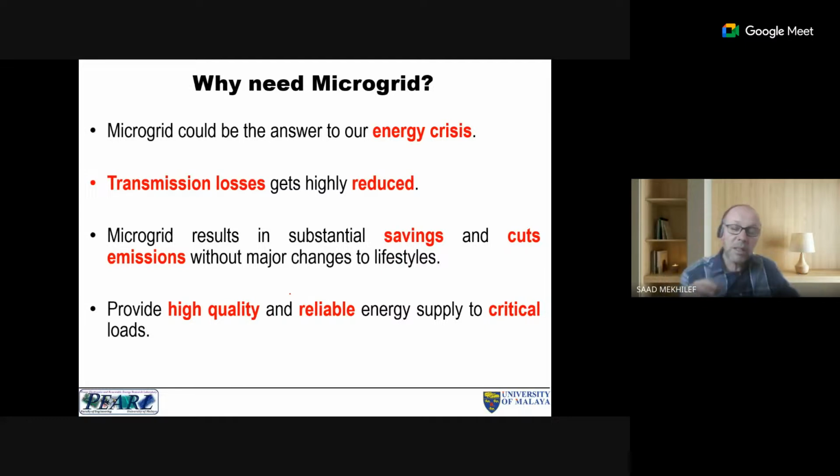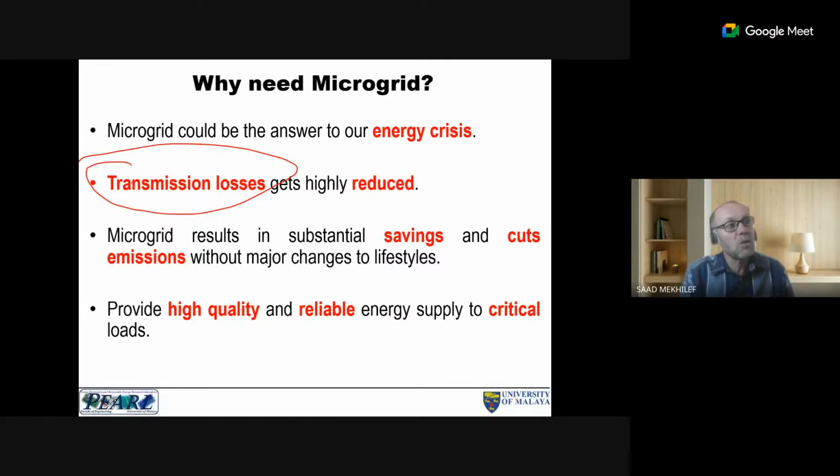So even if it is hydro, you have to transmit. Transmission means a lot of losses and costs. But the microgrid is meant to use local resources, consumed locally, so we can totally eliminate the transmission losses.